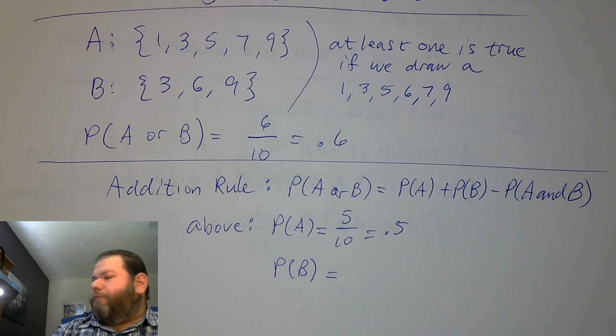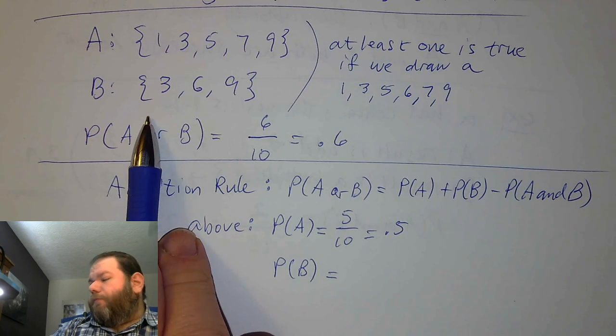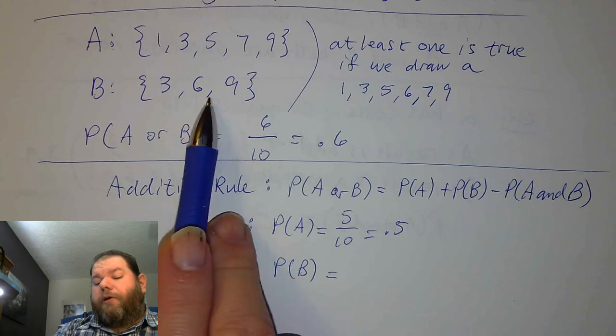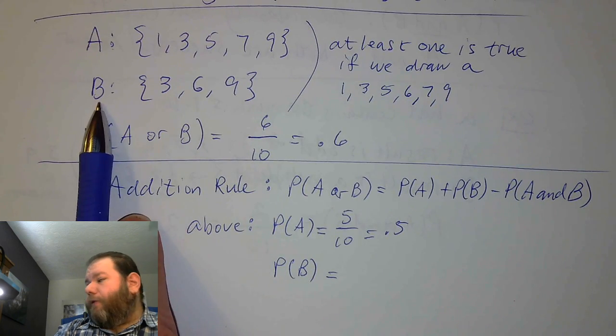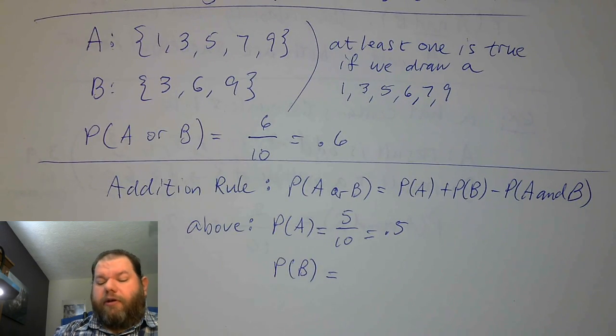Event B, we have 3 possible outcomes there for which event B would be true. 3, 6, and 9.